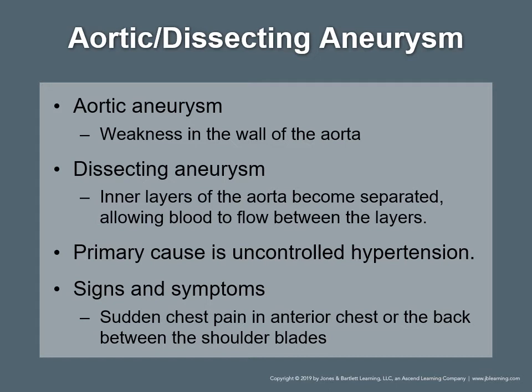Signs and symptoms include very sudden chest pain located in the anterior part of the chest or in the back between the shoulder blades. The pain of a dissecting aortic aneurysm usually comes on full force from 1 minute to the next. Table 18.1 compares acute myocardial infarction and dissecting thoracic aortic aneurysms.